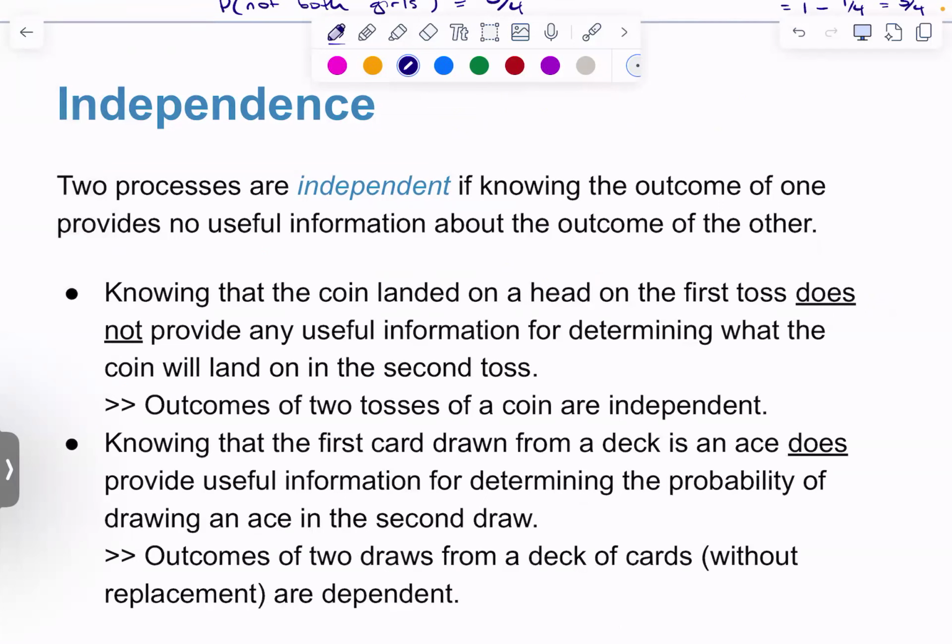Independence. Independence is going to be different than disjoint or mutually exclusive. Independence says that 2 processes are independent if knowing the outcome of one provides no useful information about the probability of the outcome of the other.